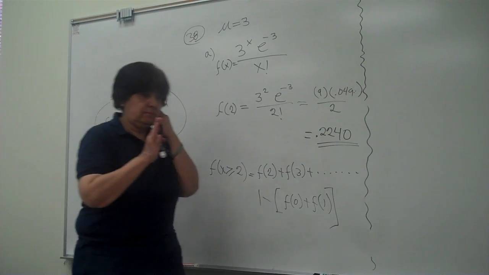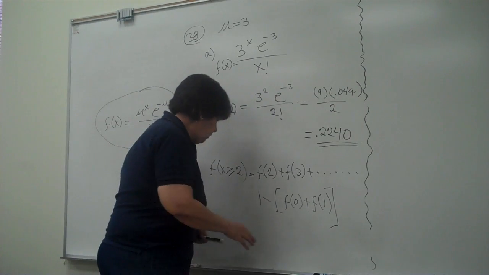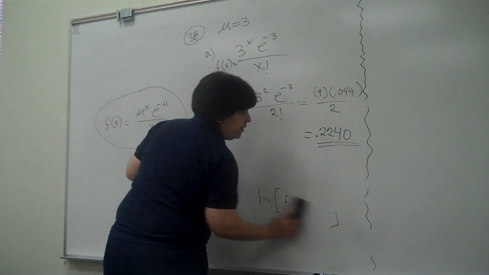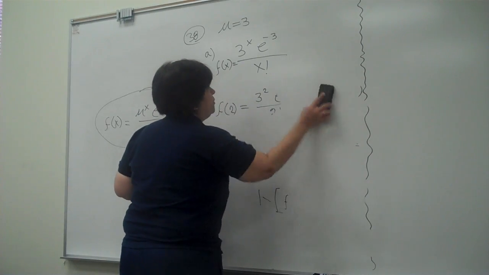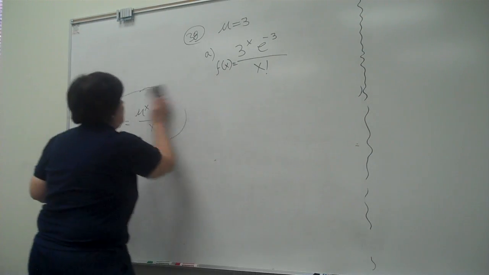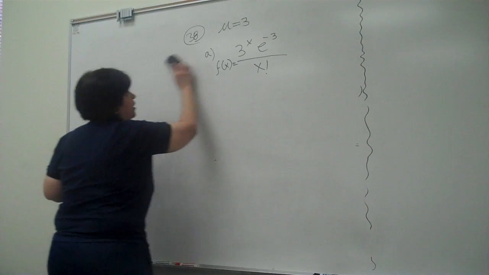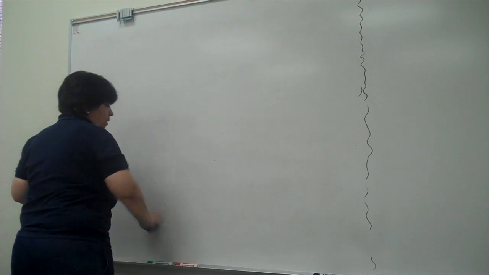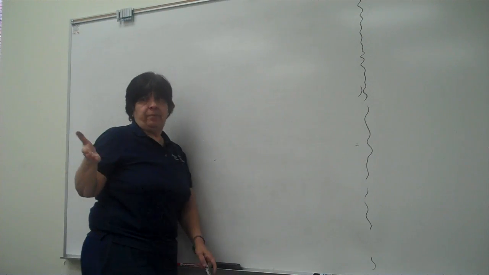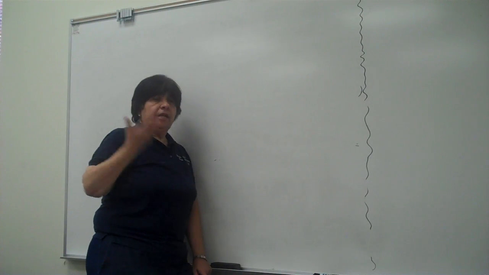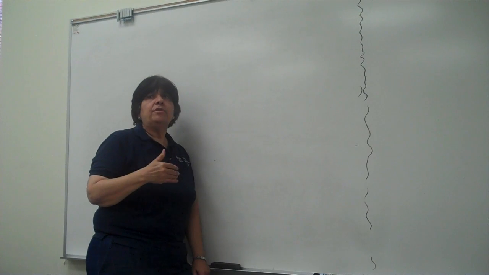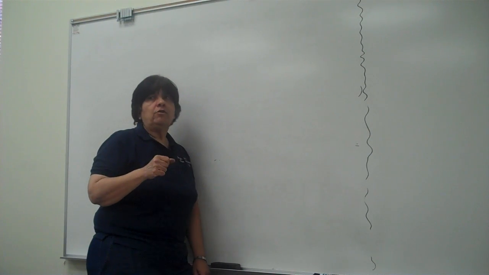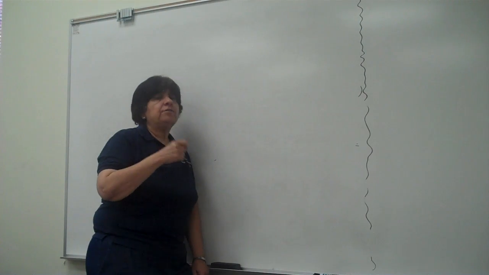So let me give you the review of the chapter. These are the only two probability distributions that we're going to cover: the binomial distribution and the Poisson distribution. In the binomial distribution, we are dealing with a multi-step experiment, and each step is independent from the other, and each step may have two possible outcomes, what is called success and failure.